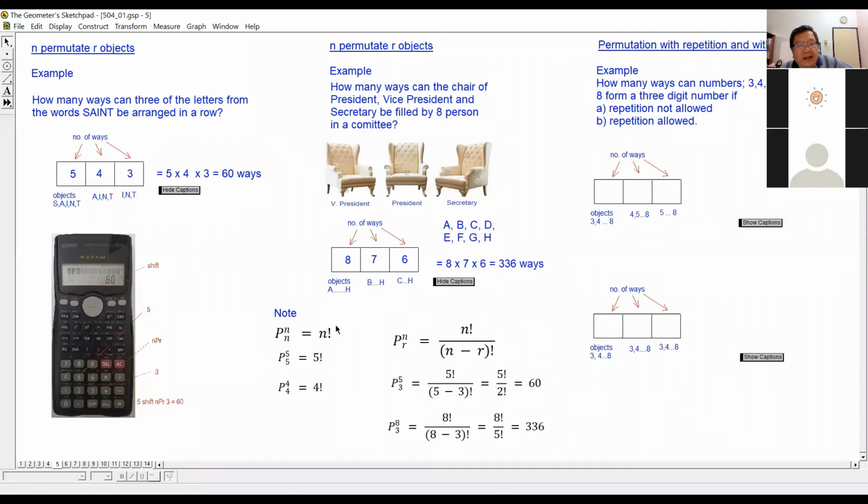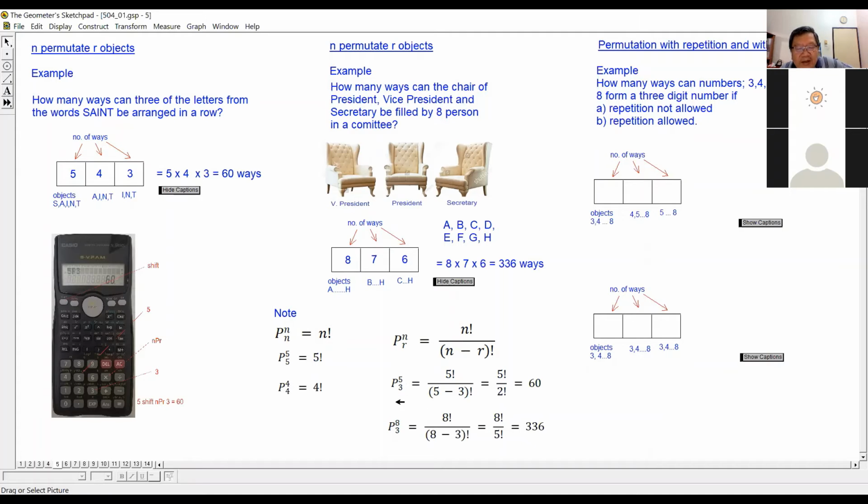Now, in the textbook, they show you how to calculate this nPr. If you have n and you want to permutate r, it is n factorial divided by (n minus r) factorial. What does this mean? Let's say our first example, there are five, we want to permutate three.